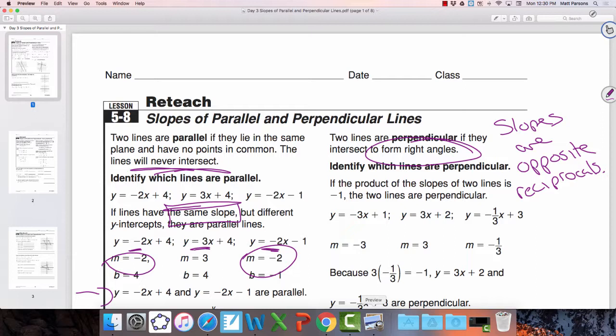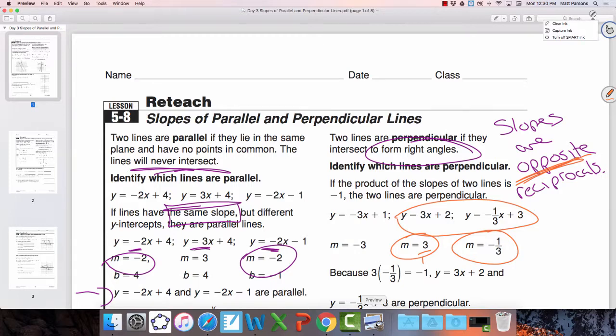In the second and the third, one is positive, one is negative. That is the opposite. And if I put a 1 under the 3, they're flipped. So these 2 equations are perpendicular because they're opposite reciprocals. Opposite meaning one's positive, one's negative. Reciprocal means that they're flipped.